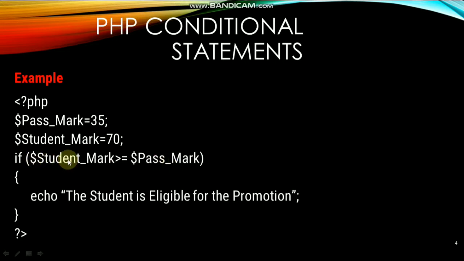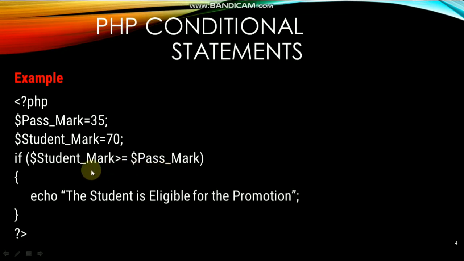If this condition is true, this line will be printed, or else if it is false, it will go out of the loop. Here my student mark is 70, and the check is whether it is greater than or equal to 35.